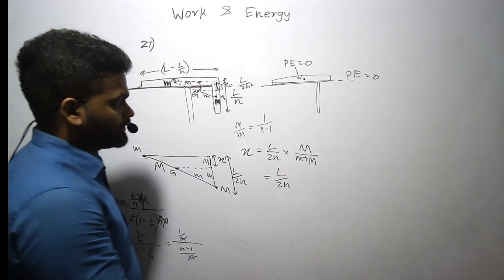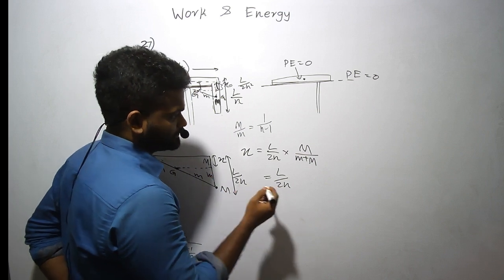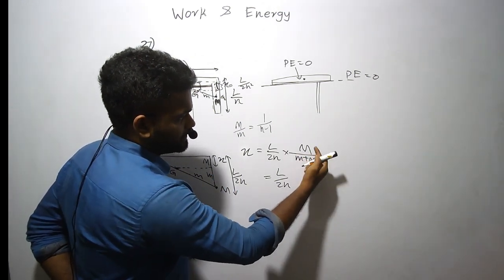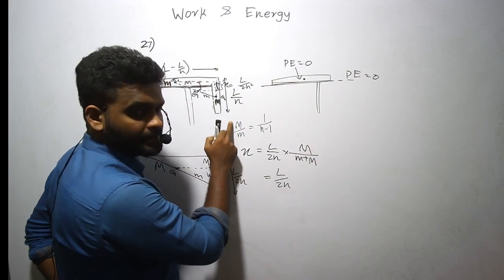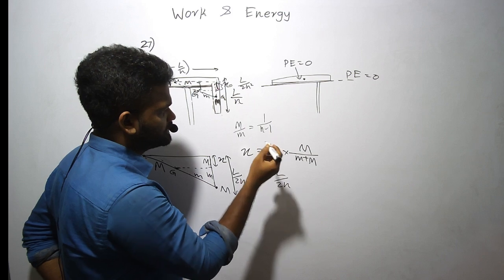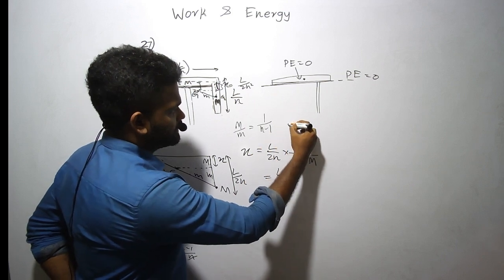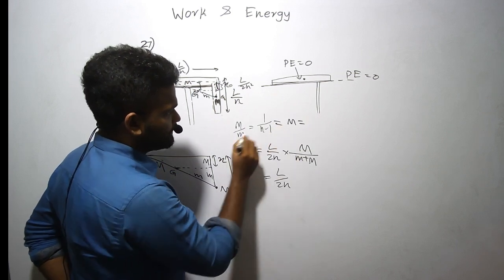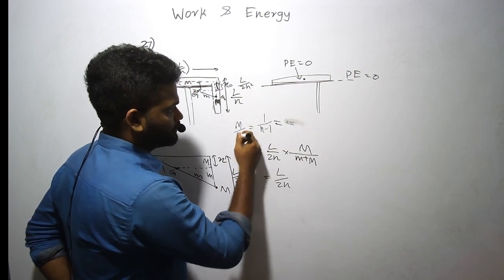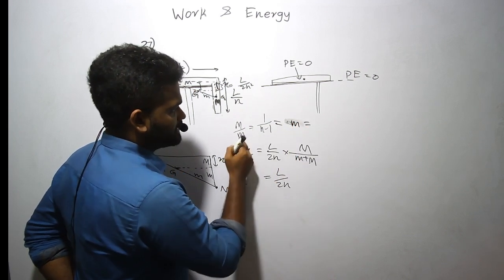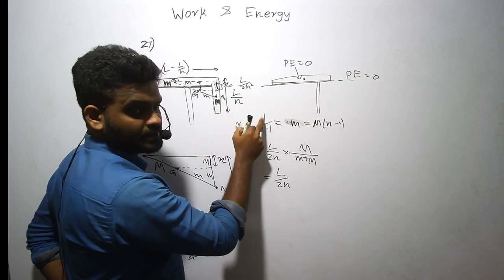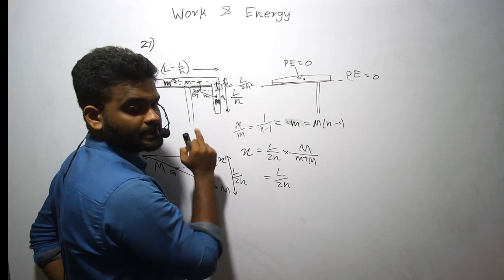Right. Then what do we do? Just divide this one and this one to make capital M over simple M, or else you can do it like this. If you cross multiply, simple M is equal to capital M times N minus 1.